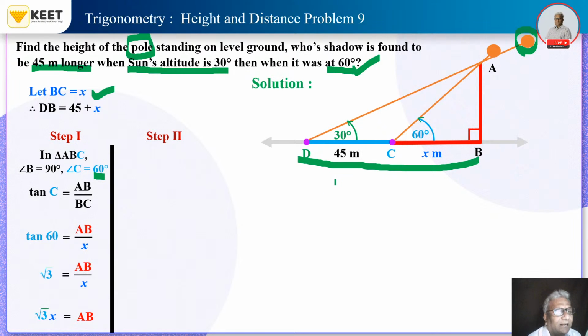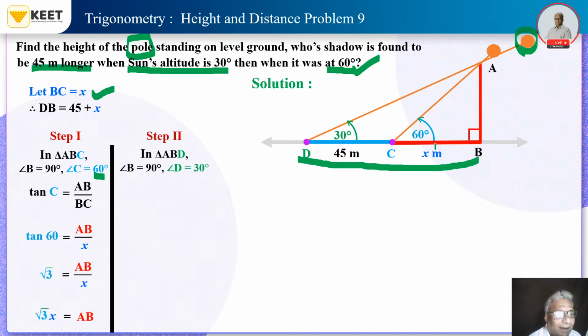In the second triangle, again the same way, the triangle is ABD, in which angle B is 90 and angle D is 30 degrees, that is the acute angle. Now, with respect to angle D, which is 30 degrees, we have AB and BD. AB is the opposite side and BD is the adjacent side.